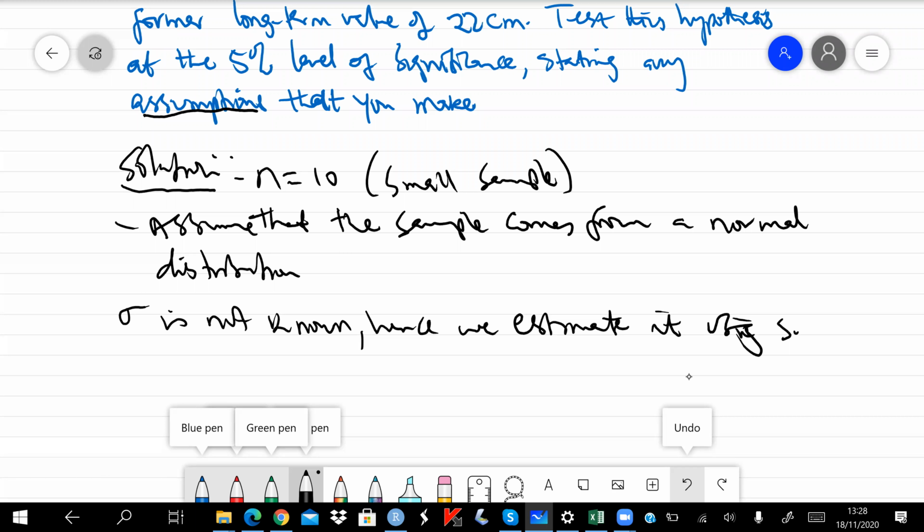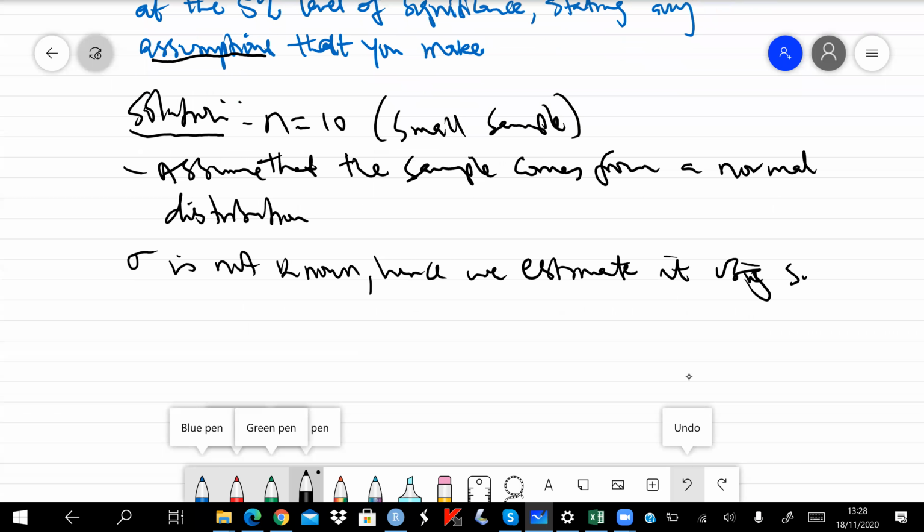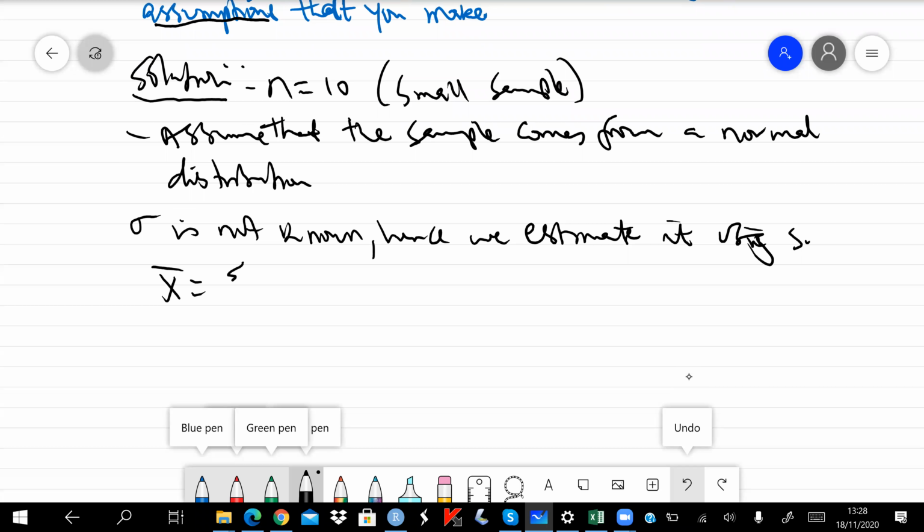Using your scientific calculator, you can obtain the values of x bar and s very quickly. So x bar, we know, is given by you sum the values divided by n, and s in this case will be given by the square root of summation of x minus x bar squared over n minus 1.